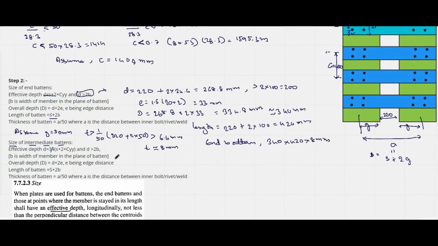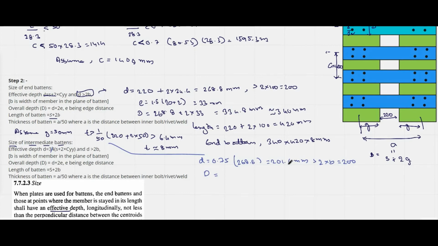So let us calculate the effective depth for intermediate battens, small d, which is equal to 0.75 times 268.8 mm, which we already calculated. This will come to 201.6 mm, and this value is also greater than 2 times b, which is 200 mm. 201.6 is greater than 200 mm.